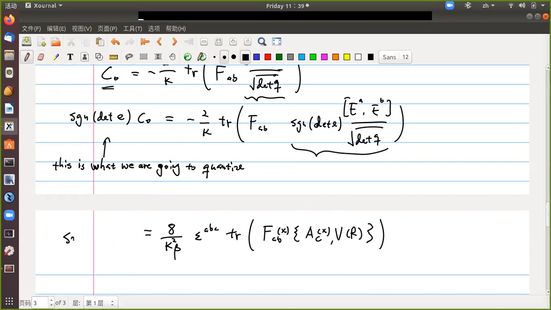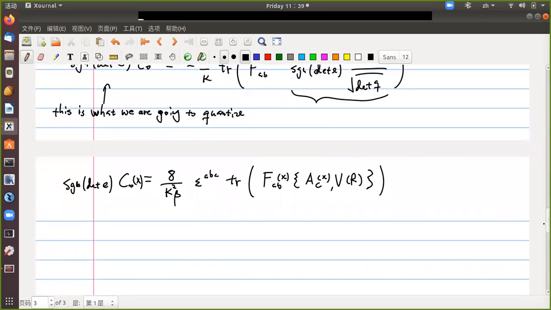This equals sign E_C(0)(x). So this is the quantity we are going to quantize.